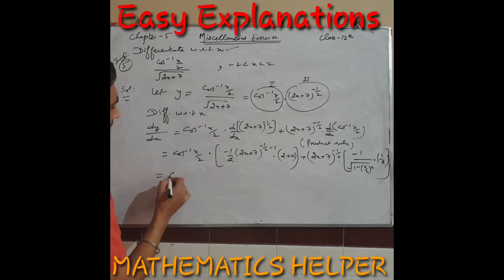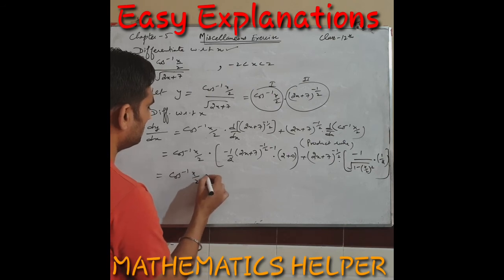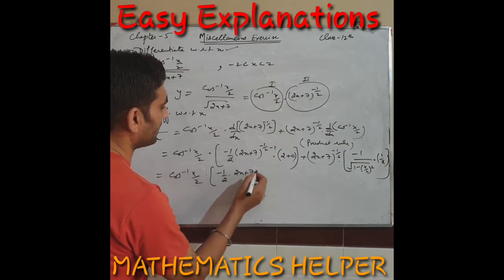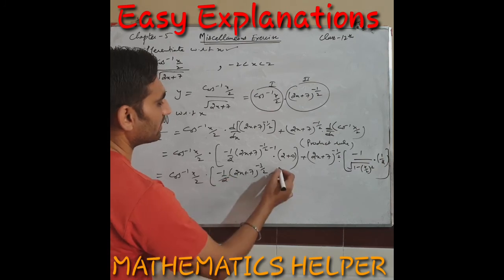So see, cos inverse x over 2 into this minus half. What about this? 2x plus 7 raised to power minus 3 over 2 into 2. The 2 will get cancelled.